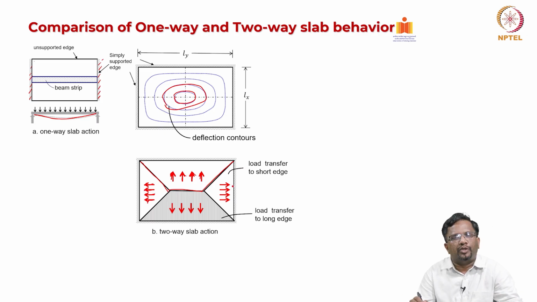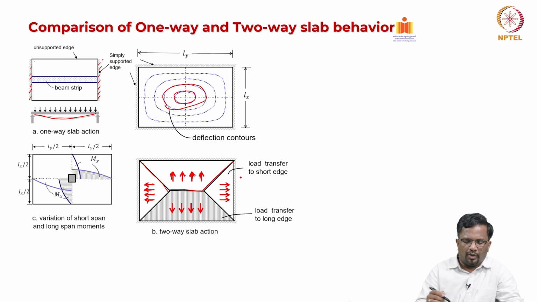Similarly, we can divide the panel into trapezoids and triangles and see how much load is getting to different supports. Now, the variations of the short span and long span moments that you can see here are the profile, which is the Mx and My moments that are coming here.